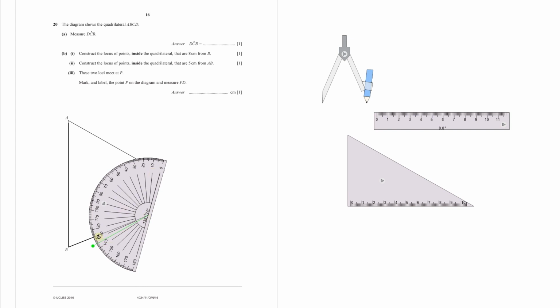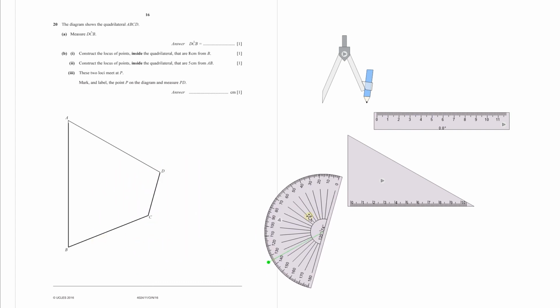If I look at the value here, this is 125, then 126, 127. So it's almost 127 degrees. So my angle DCB would be 127 degrees.